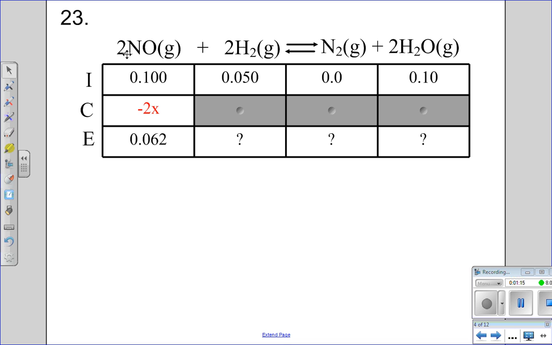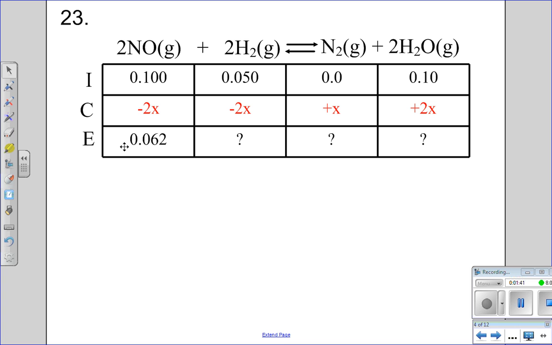So the easiest way to get the ratios correct in the change line is to use the coefficients from the equations. So this one has to disappear by 2x. Hydrogen also has to disappear by 2x. Nitrogen is going to appear by 1x, and water is going to appear by 2x.